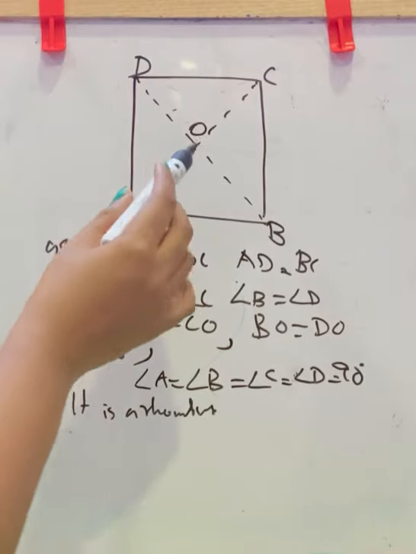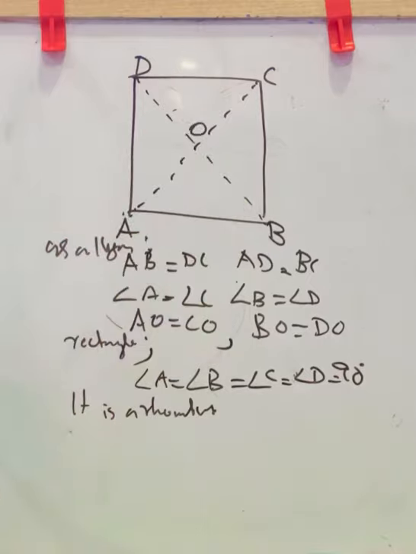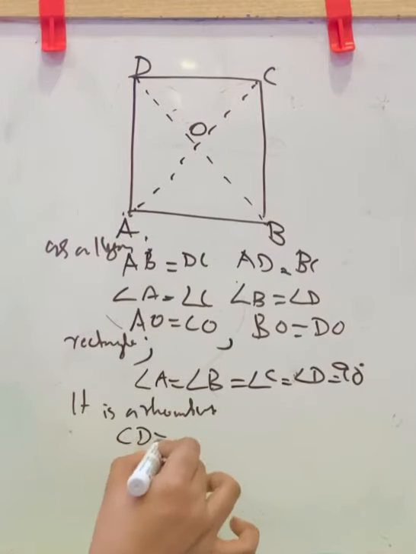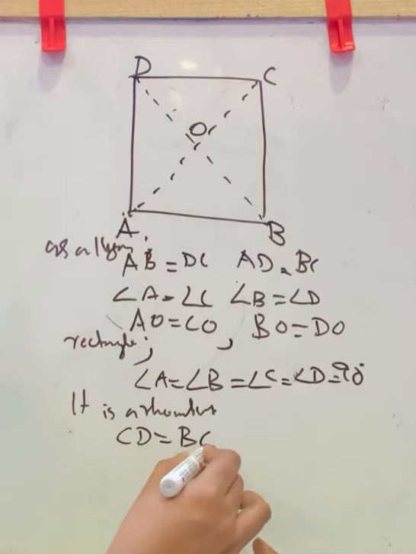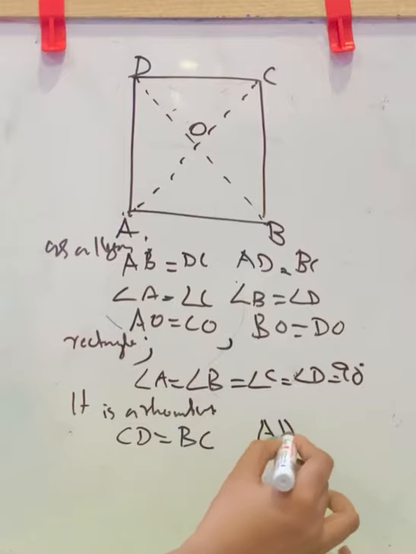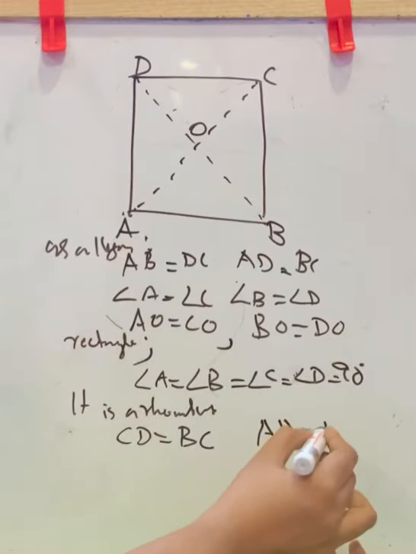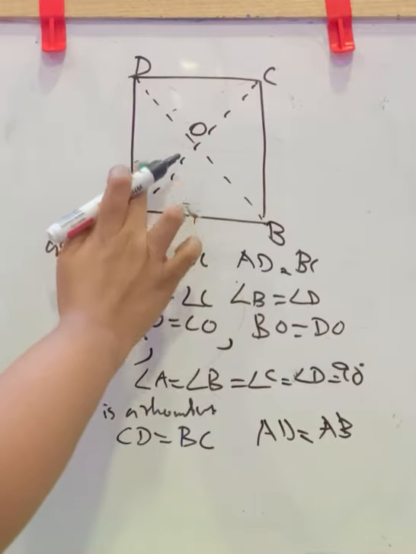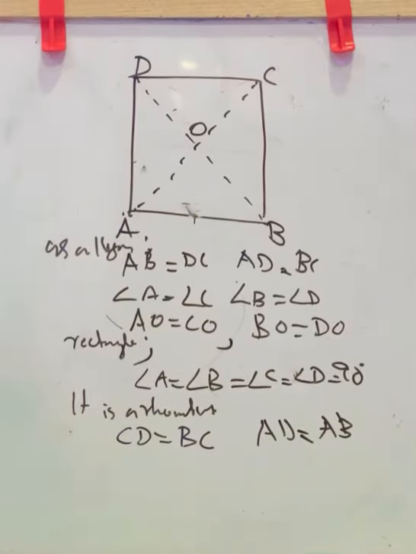So rhombus has all the properties of a kite and a parallelogram. As a kite we can say adjacent sides, that is consecutive sides, are equal. CD equal to BC and AD equal to AB. Also it is a parallelogram, that means opposite sides are also equal.